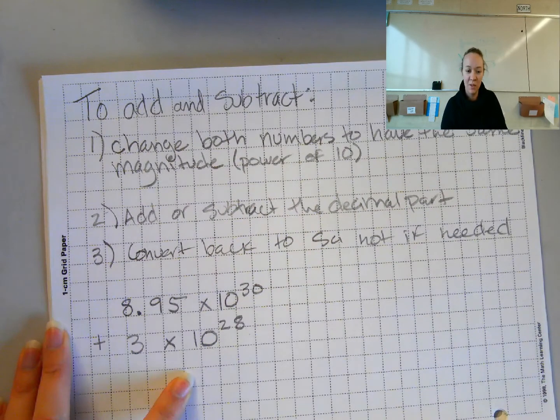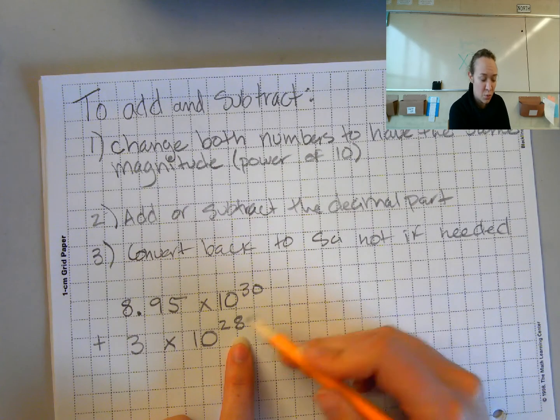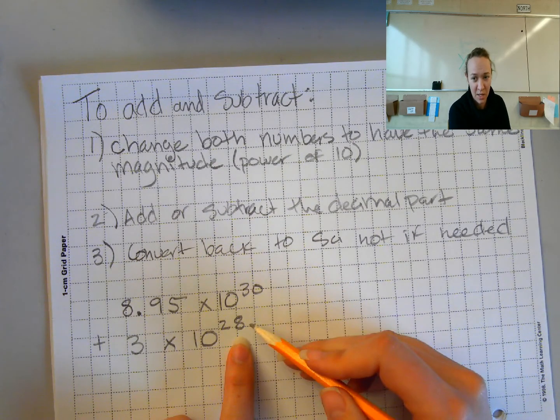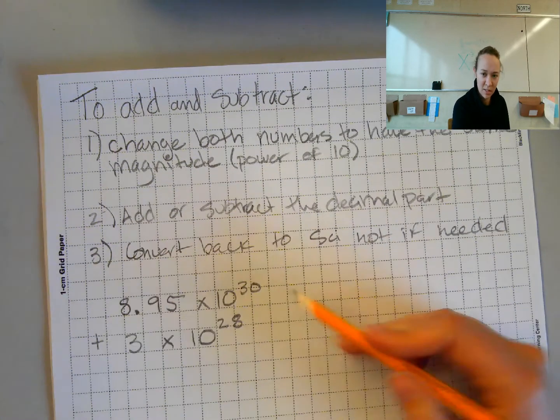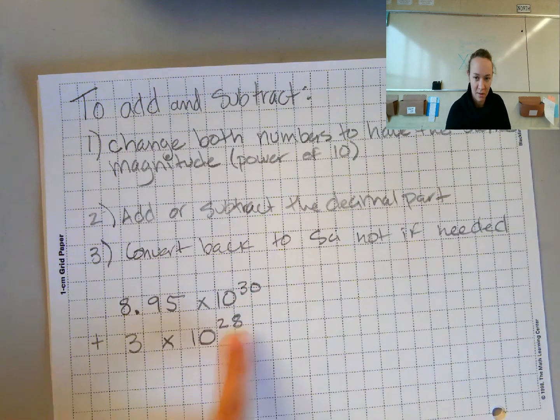Notice, I'm specifically picking ones where they're both huge, but close to being the same magnitude, right? Which one's bigger? Hopefully you agree that the power of 30 is bigger because it's going to have 2 extra zeros on it than this one is.